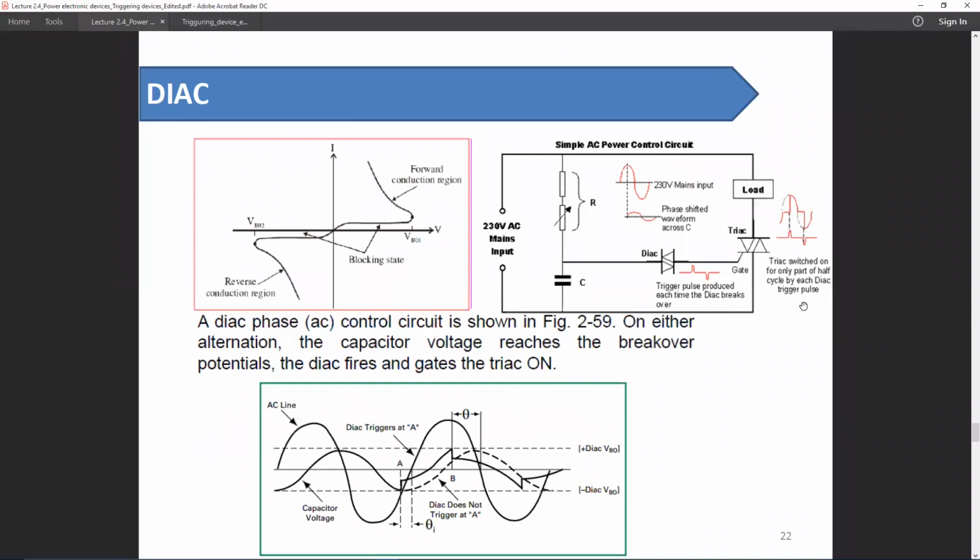So in this circuit, we can change the delay angle or the triggering angle by changing the value of resistance, and the TRIAC will be triggered accordingly. Note that the DIAC is producing both positive and negative trigger, and a TRIAC can be operated with a positive trigger for quadrant 1 and a negative trigger for quadrant 3.